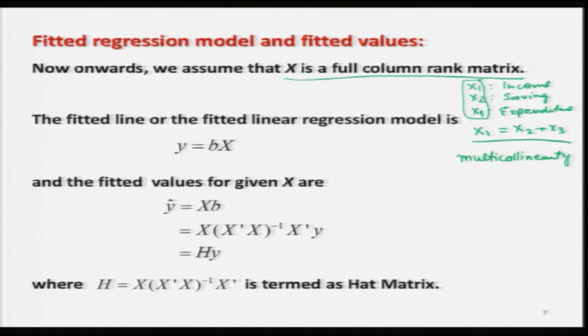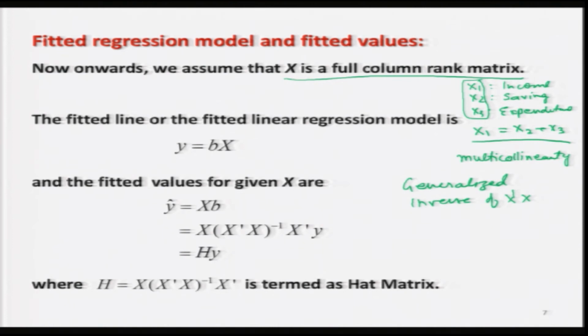Under those conditions, we have 2 options: either we use the tools for multi-collinearity, or we can obtain the generalized inverse of X transpose X. The generalized inverse of X transpose X is obtained in a different way than the unique inverse of X transpose X. I am not going into those details, but I am just informing you that this possibility is there.